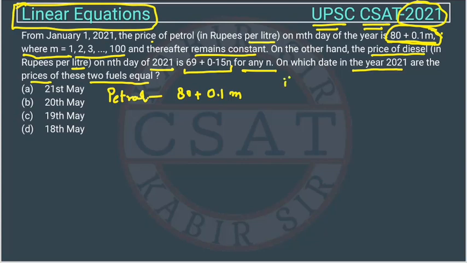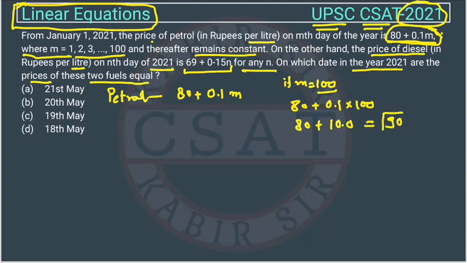If m is 100, then the price will become 80 plus 0.1 into 100. So we are determining the price on day 100. It will be 80 plus this much, so the price will be 90. When the price of petrol reaches 90, after that it stops increasing.